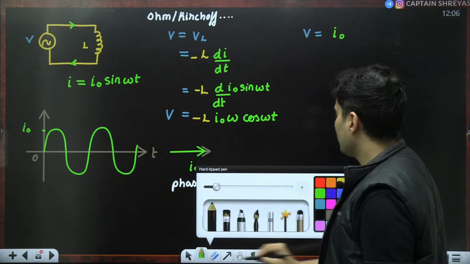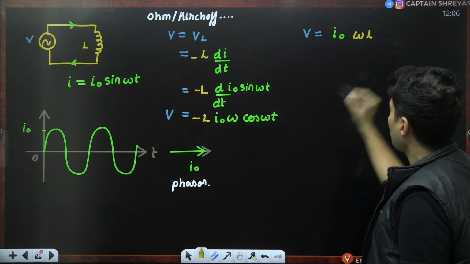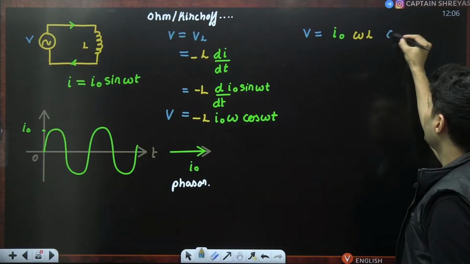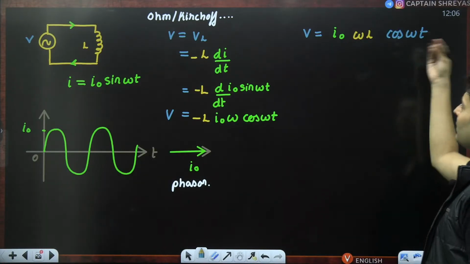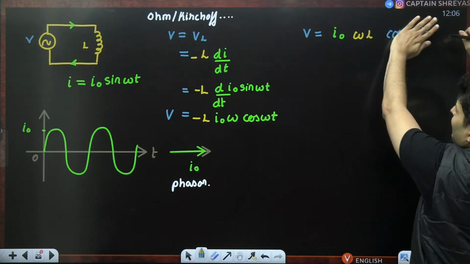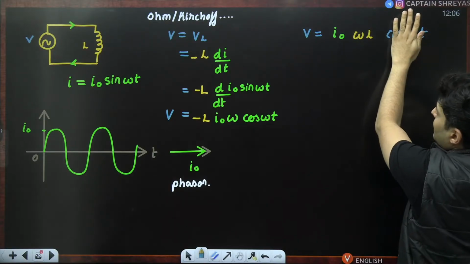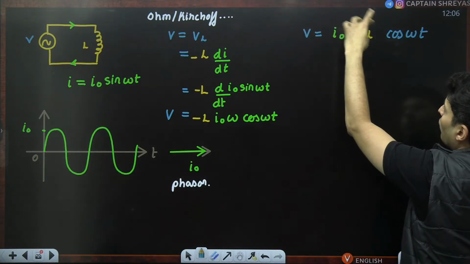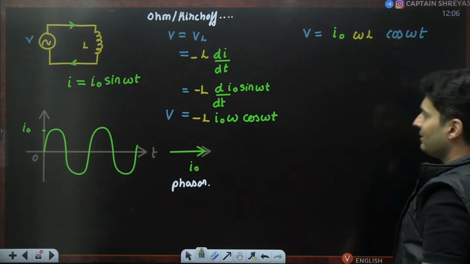Resistance is this whole thing, which is omega into L. And there is a variable term which I'm okay with, which is nothing but cos omega t. That is a variable thing. Okay, that's fine. Forget this for now. Voltage is current into resistance usually. So current is I naught, voltage is V. Won't this term act like the resistance?